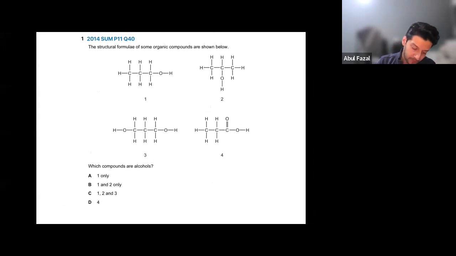Question 1, the structural formulas for some organic compounds are shown below. Which compounds are alcohols? Pretty easy. Who do I expect to answer? Where is Noman?